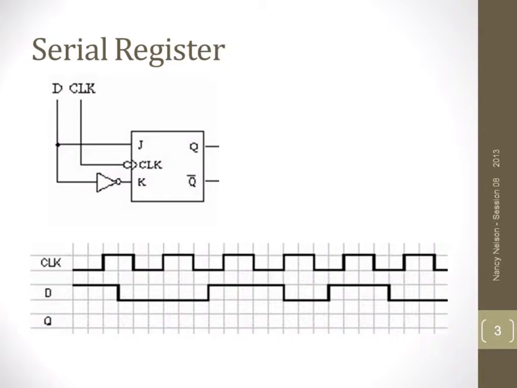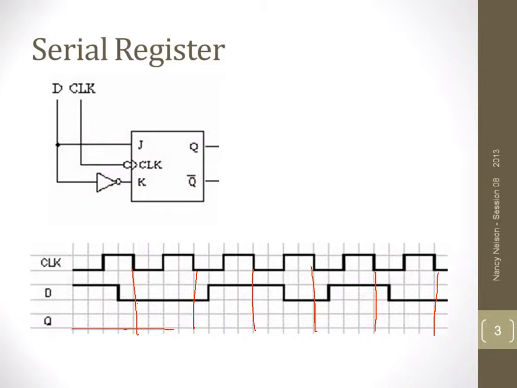So let's mark in our falling edges. We're going to sample here, here, here, here, here, and here. Our D flip-flop, we're going to start low, and we're going to sample at each of these points.